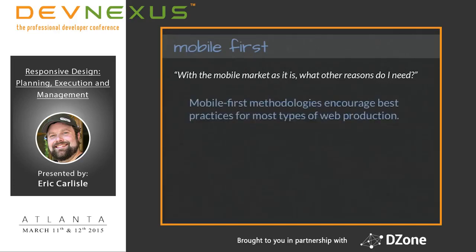When we concentrate on mobile first, we are really encouraging the best practices of web production in general. I'll go into some specific details, but by really starting small and building upon that, we're prioritizing. It's a compromise from the desktop, so it's very hard.